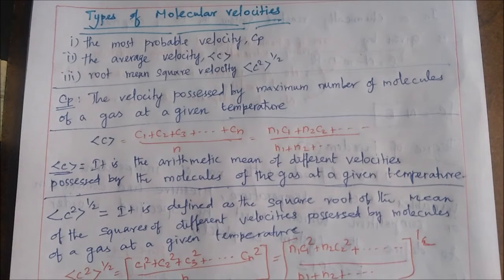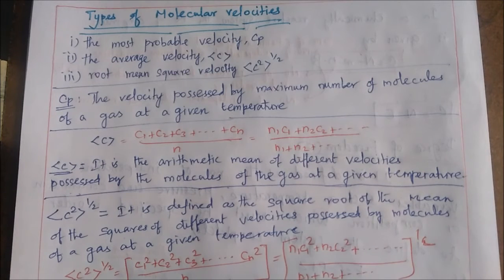All these things should be done to particular gaseous molecules. So it is defined as the square root of the mean of the squares of different velocities.